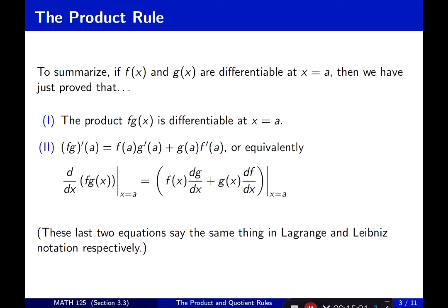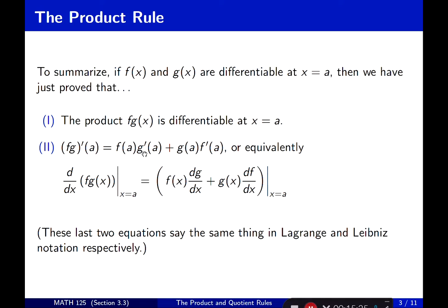Again, both Lagrange and Leibniz notations are here, so you can compare, but they're always made of two terms. One term has one of the functions itself and the derivative of the other.